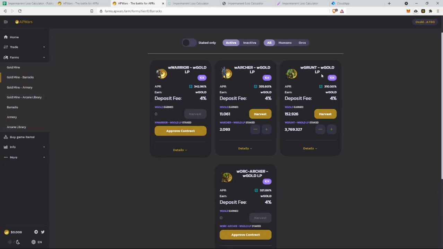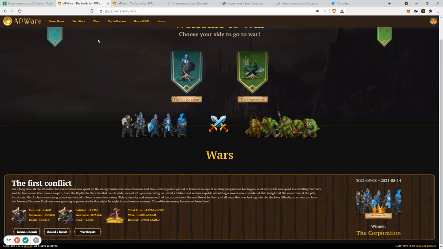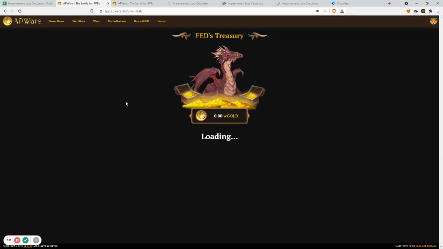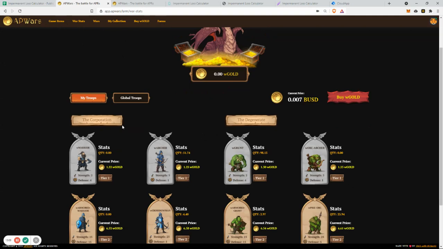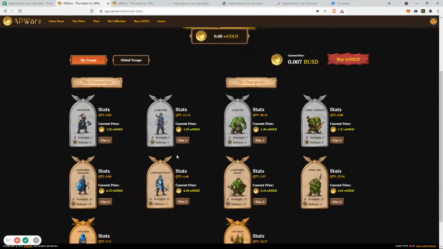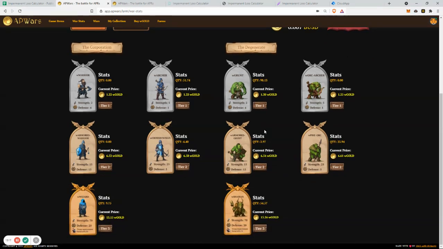What can you do if you don't want to suffer from impermanent loss? On the website, you have the prices of the warriors with respect to war gold, and these prices tend to stay pretty much the same over time. So when do these change?